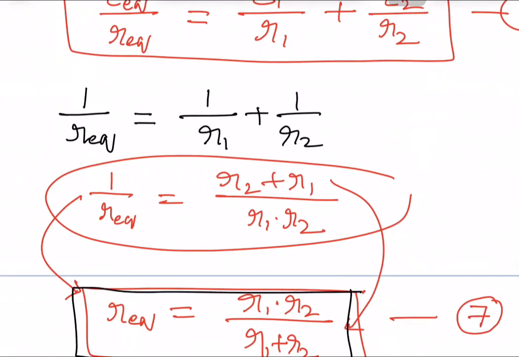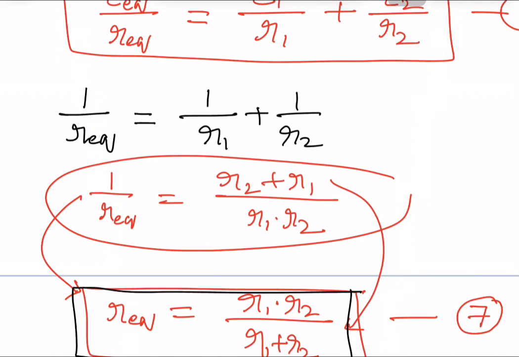Now, this equation you can separate again into two fractions. If you separate this into two fractions, R2 gets cancelled and you will get 1 by R1, and in the second fraction R1 gets cancelled and you will get 1 by R2.